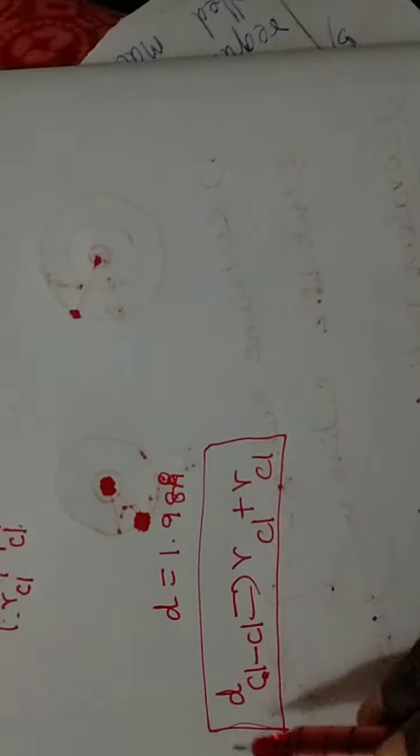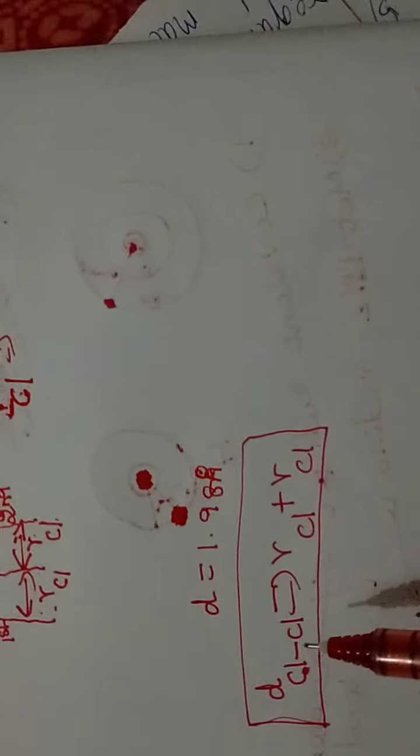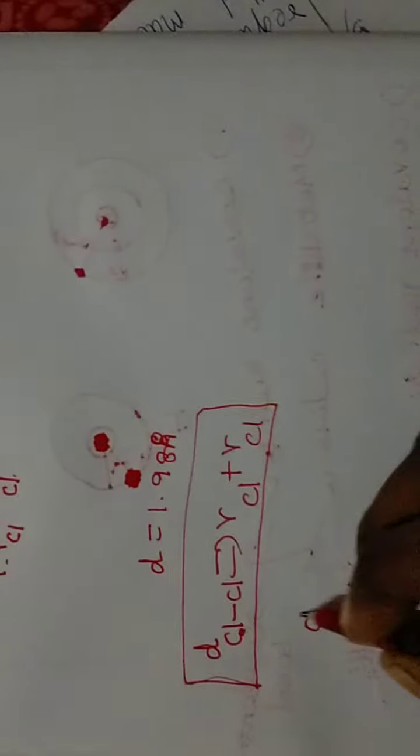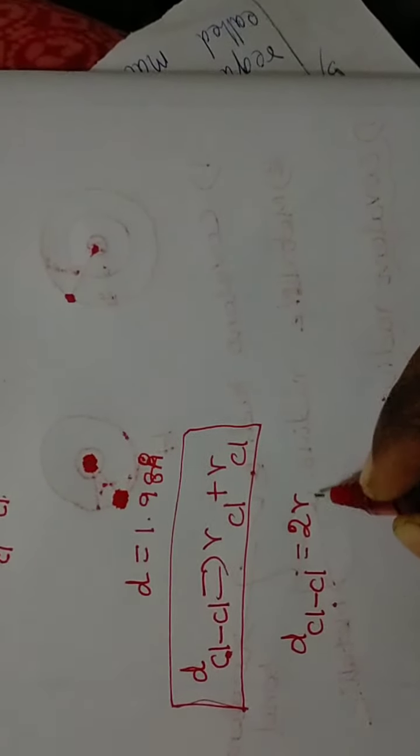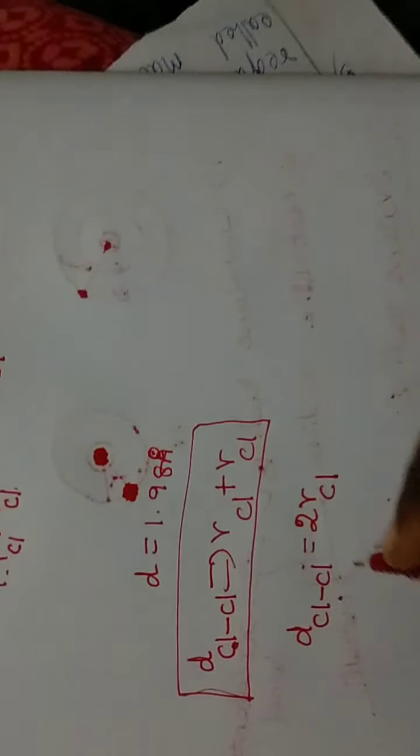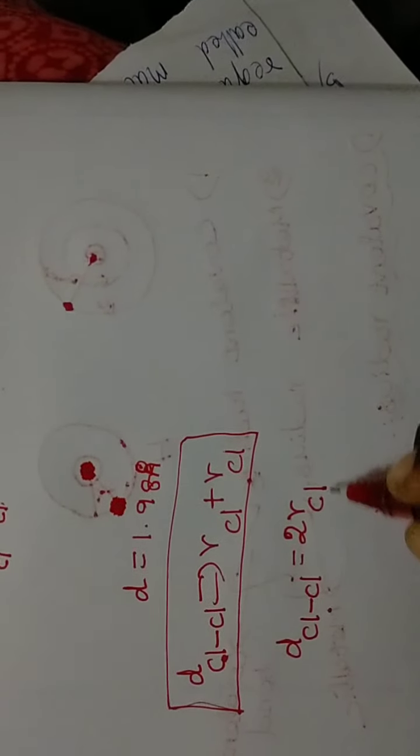So they mention this in this formula. D(Cl-Cl) is equal to RCl plus RCl. What is RCl? Radius of one chlorine plus radius of the second chlorine. Do the calculation. D(Cl-Cl) equals, how many RCl are there? Totally 2 RCl. Then we should calculate the radius of chlorine.